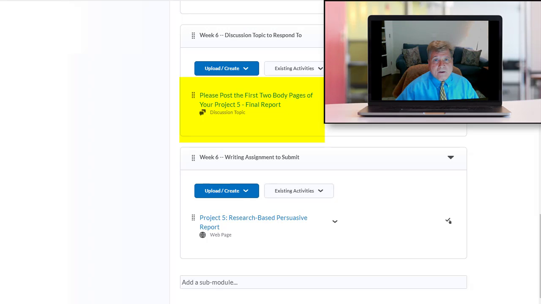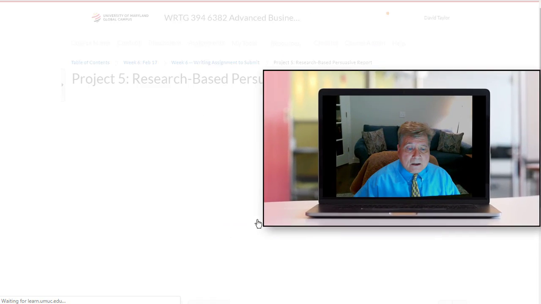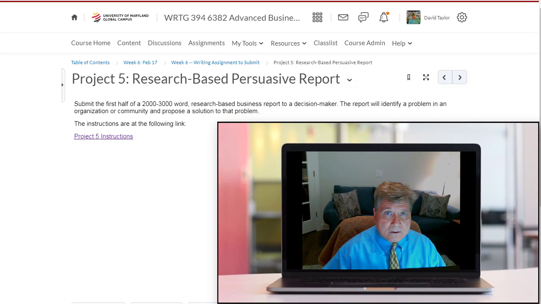Make sure you're on the right track, and you'll be all set for your next assignment this week, which is to turn in the first half of your final Project 5 research-based persuasive report. Indeed, the first half of that report is due this week.